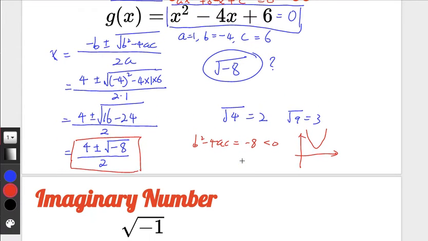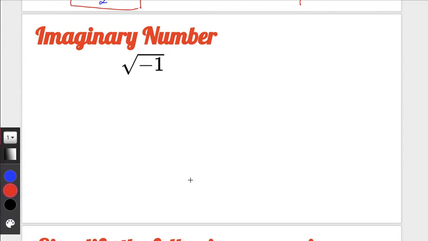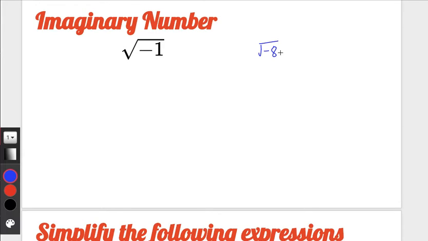In order to continue, we create a new definition of number called imaginary number. In the real number system, we have no definition for this, because there's no value for it.